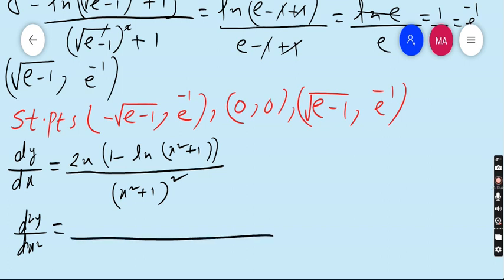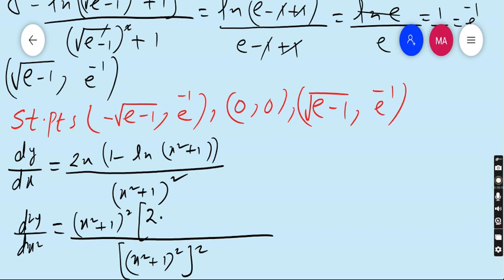So v square, v as it is, into derivative of u. So 2x into (1 minus ln(x square plus 1)).